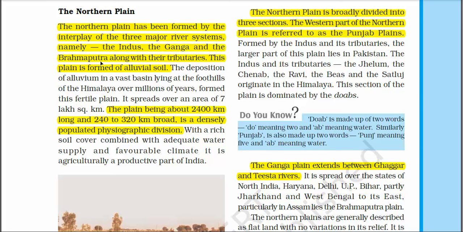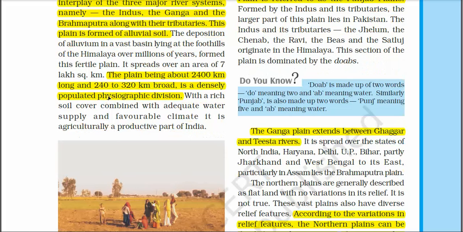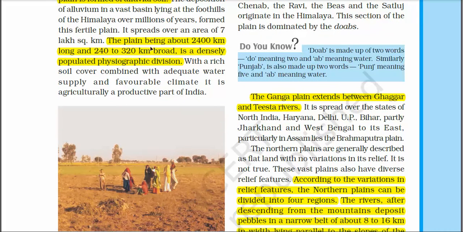Northern plains are formed of alluvial soil. The plains are around 2,400 km long and 240 to 320 km broad. These plains are very densely populated.